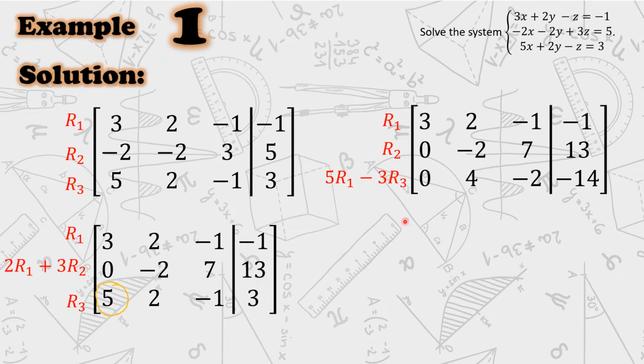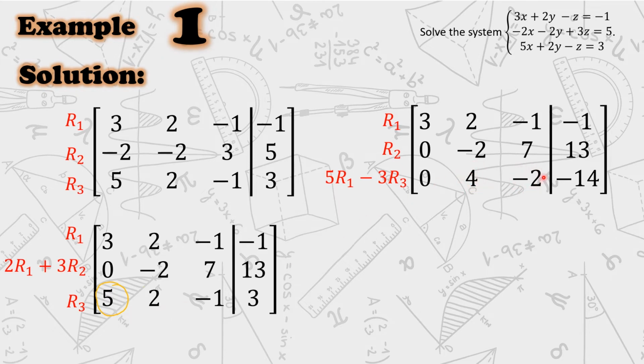Then we will have the elements 0. For the second column element in the third row, we have 4, that is 5 times 2, 10, minus 3 times 2, that is 6. So we have 10 minus 6 equal to 4.